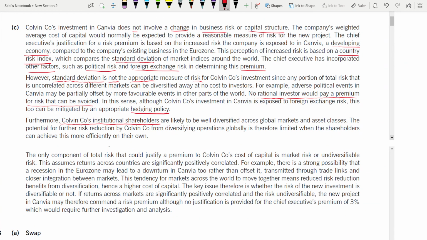Yes, they have shares in so many other countries, so they are already well diversified, and across asset classes. So the potential for further risk reduction by Covalent from diversifying operations globally is therefore limited. There are not many chances for Covalent to reduce their risk further by diversifying, by going more abroad. It is limited, when the shareholders can achieve this more efficiently on their own.